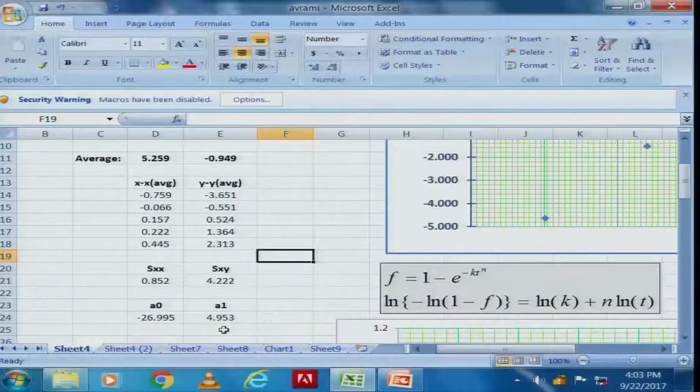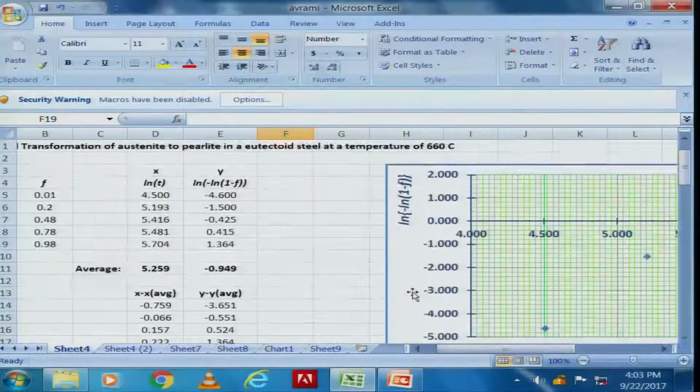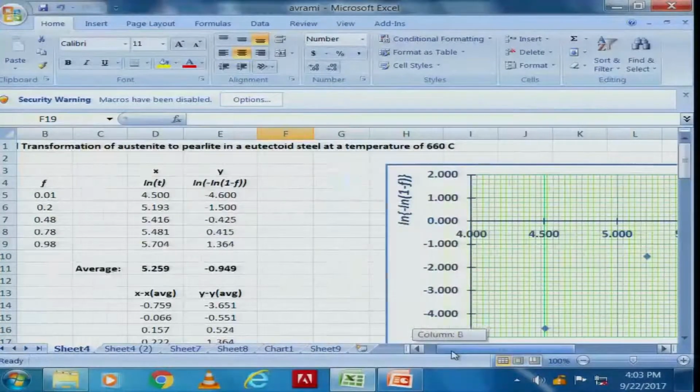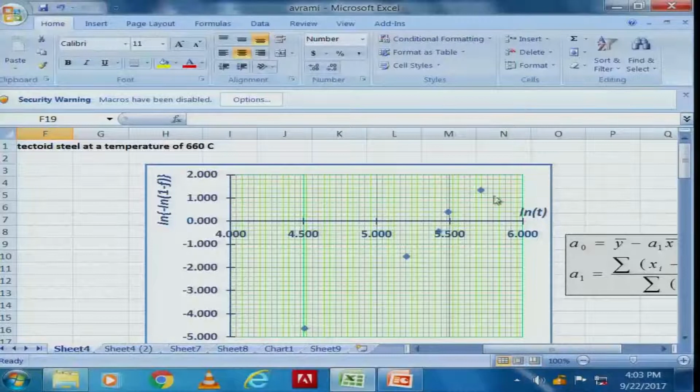Now, let us see the result by plotting this line onto our graph along with the points we have.